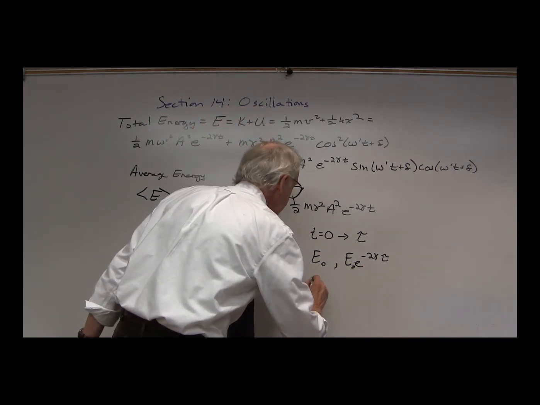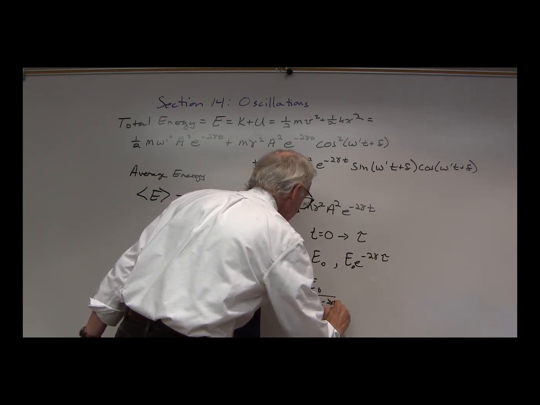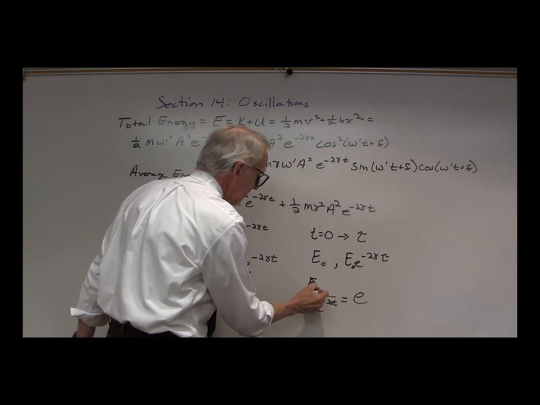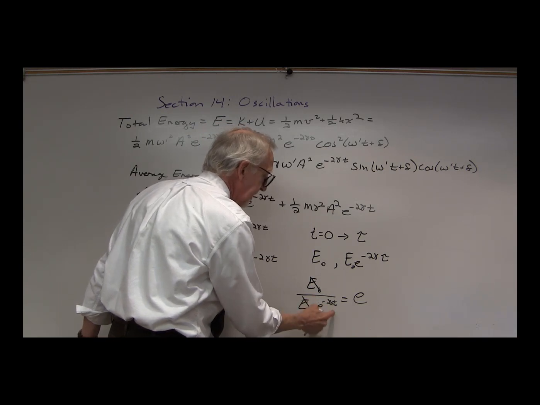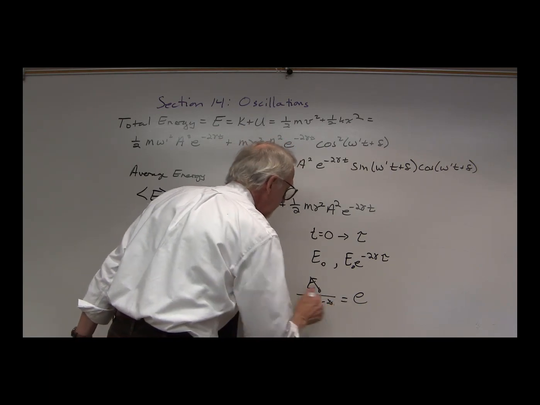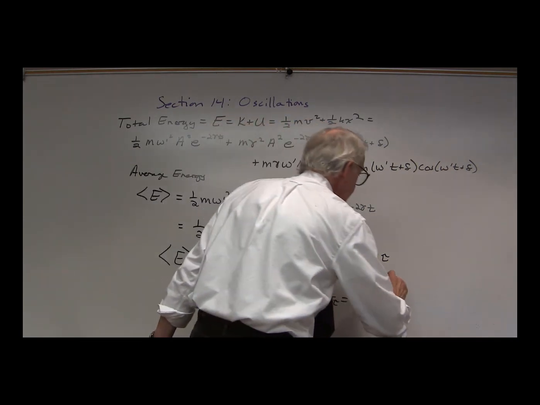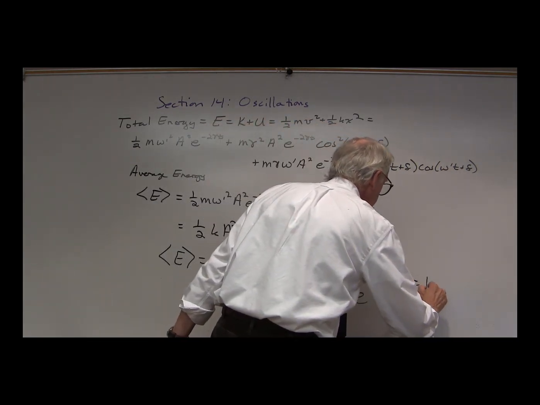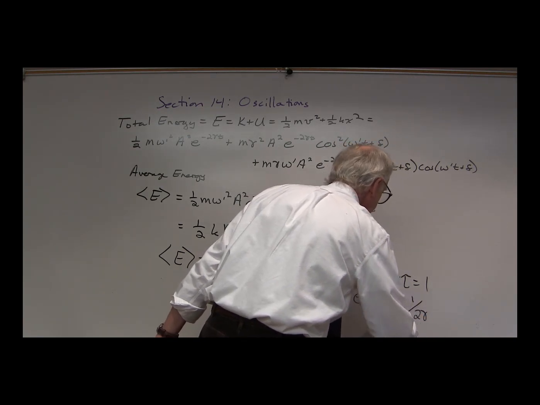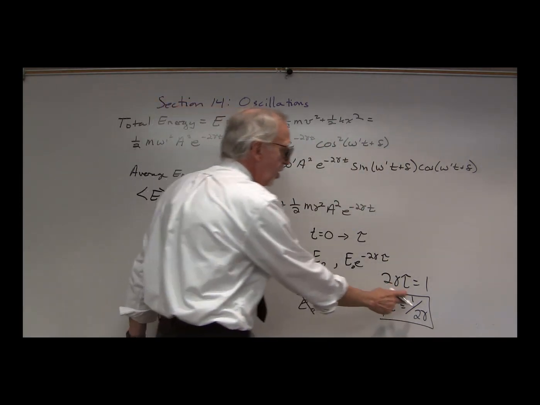So we want E naught over E naught e to the minus 2 gamma tau to be equal to e. In other words, bringing this up here, canceling the E naught, e to the 2 gamma tau, we want that to be e to the 1. In other words, 2 gamma tau equals 1, or tau equals 1 over 2 gamma. There we go. That is the damping time, 1 over 2 gamma.